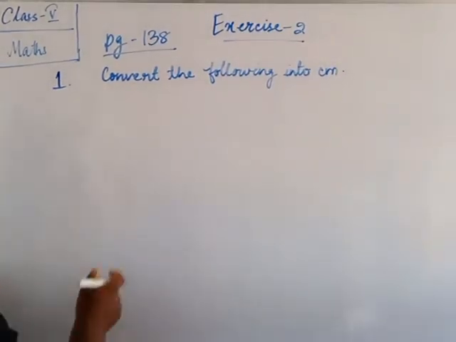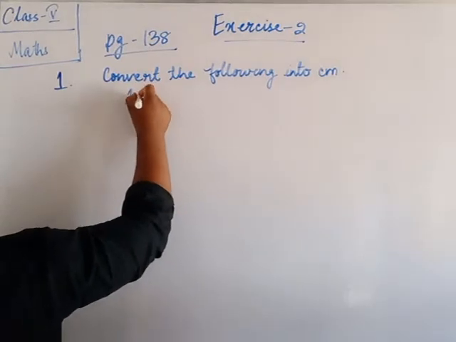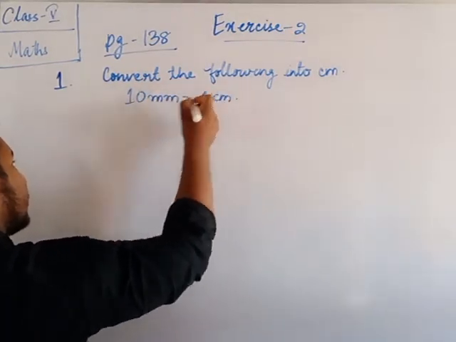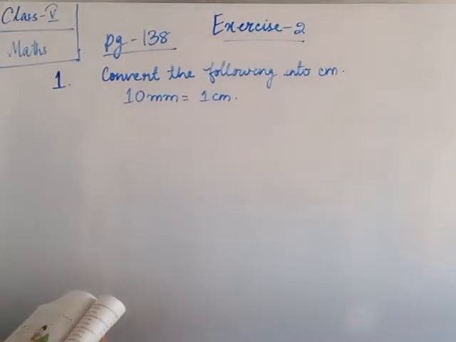First you see, 10 millimeter is equal to 1 centimeter. With the help of this we are going to convert millimeters into centimeters.